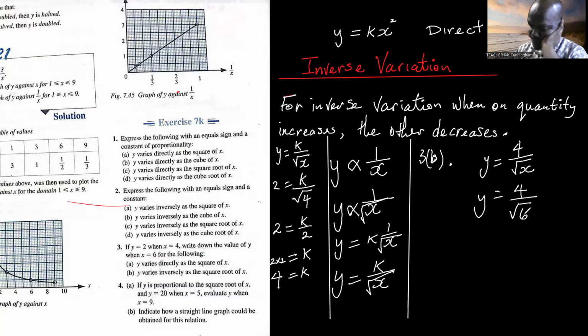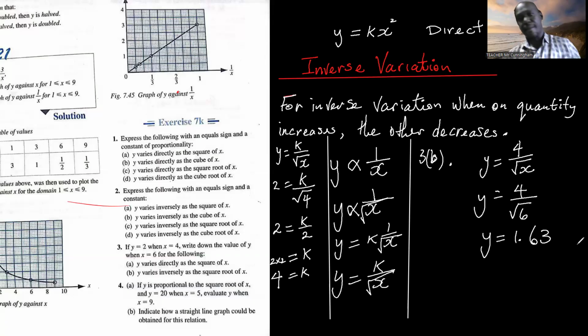How much do you get? Yeah, 4 divided by root 6. How much is that? So that is 1.63. So y is equal to 1.63.